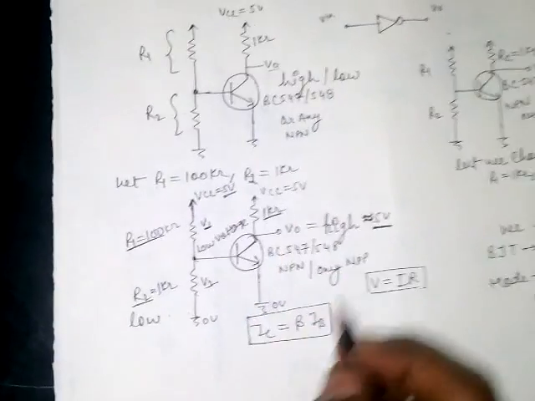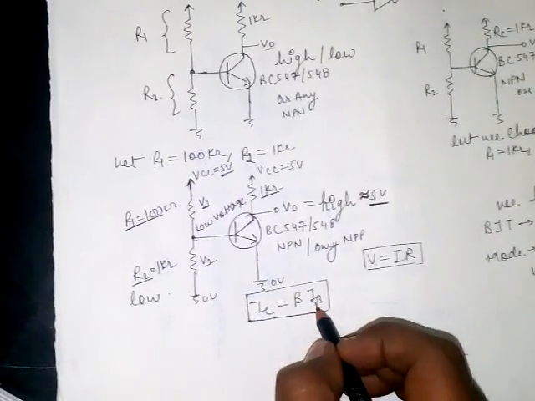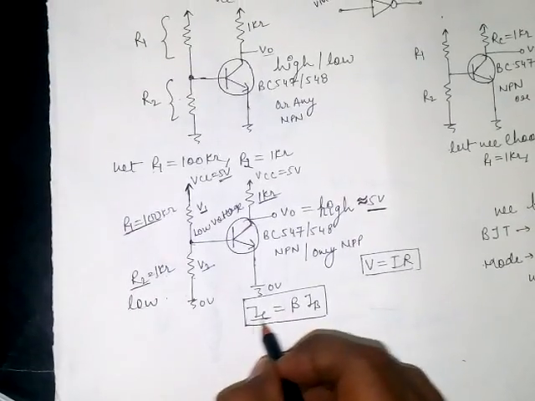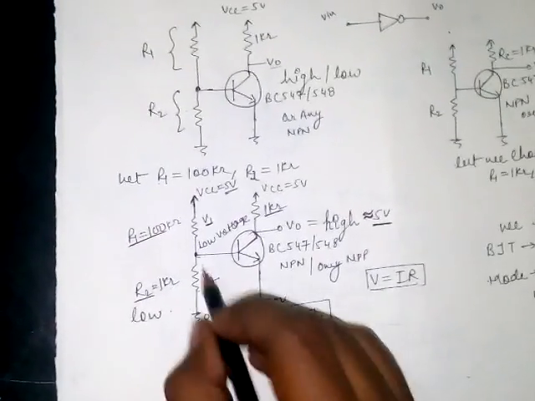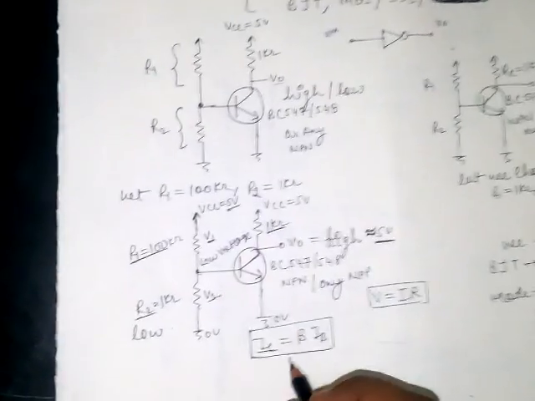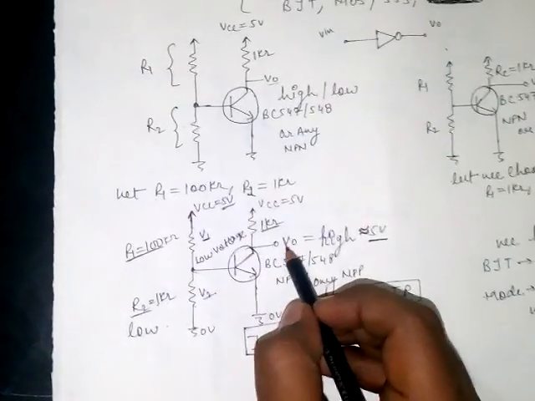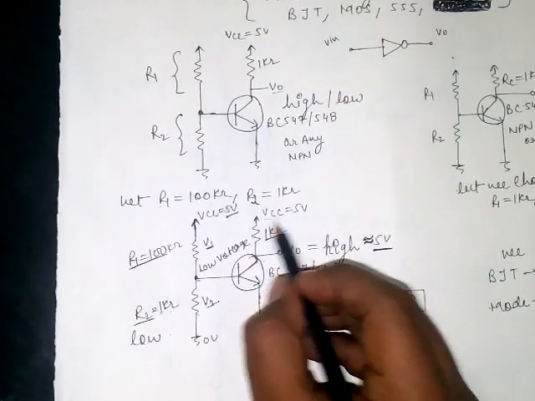According to the relation IC equals beta IB, if IB is 0, IC is also 0. If there is no current flow through this path, the output will be equal to the supply.